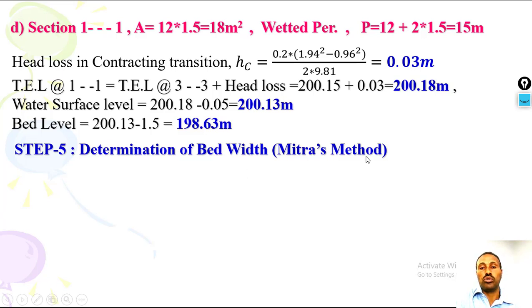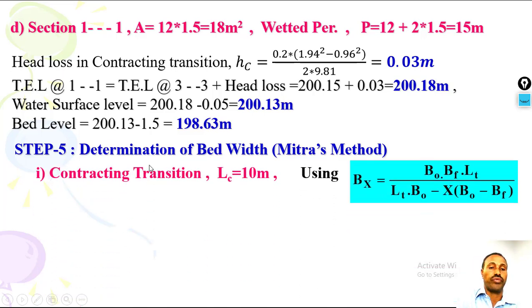So, according to Mitra's method, for constant depths, we are determining just total energy level, water surface level, and bed level. And determination of bed width according to Mitra's method, you have contracting transition already 10 meter, as we just calculated previously.